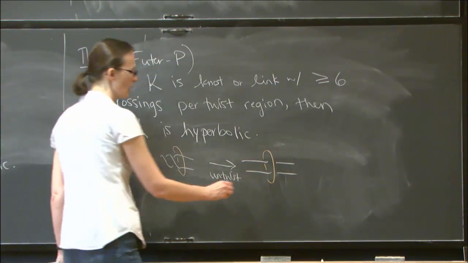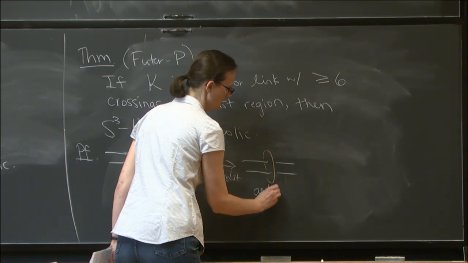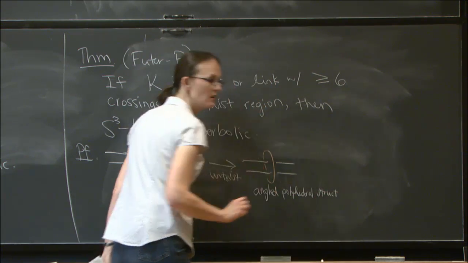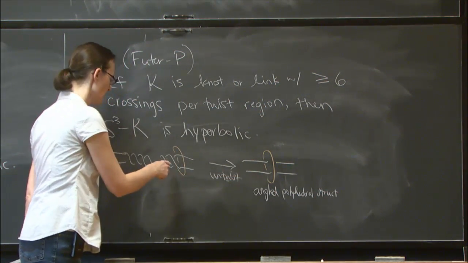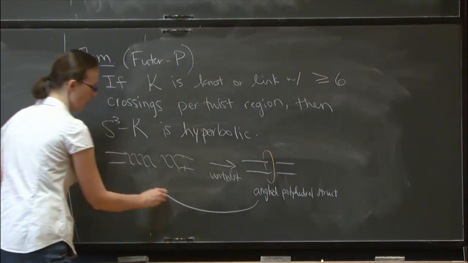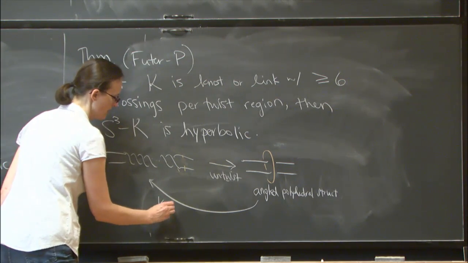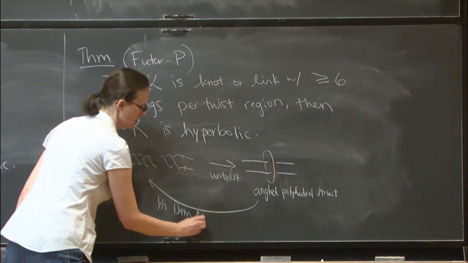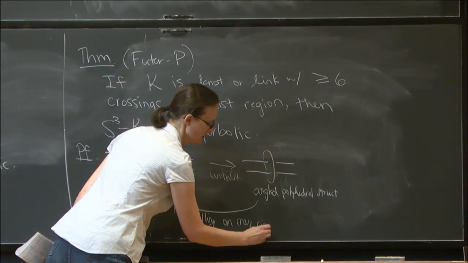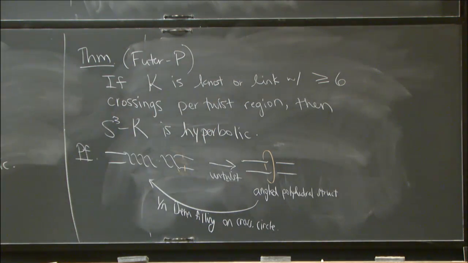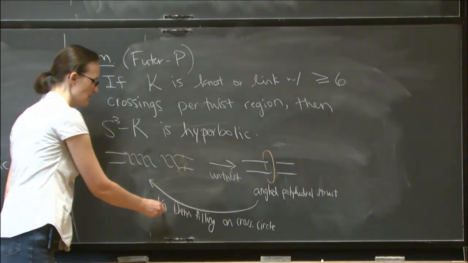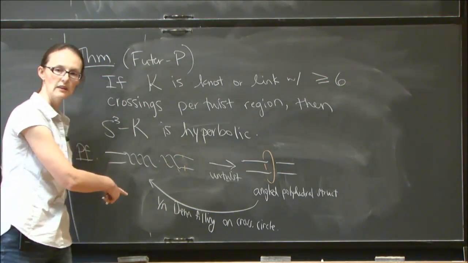This guy has an angled polyhedral structure. But we know how to go backwards from here to the original link. To go from the one to the other, you do a 1 over n Dehn filling on this orange crossing circle. So we have the augmented polyhedral structure, and we have slopes to go back to our original link.